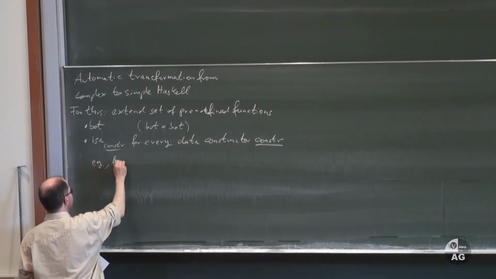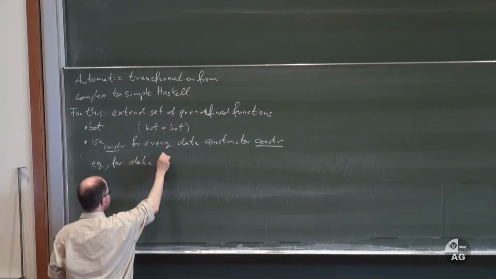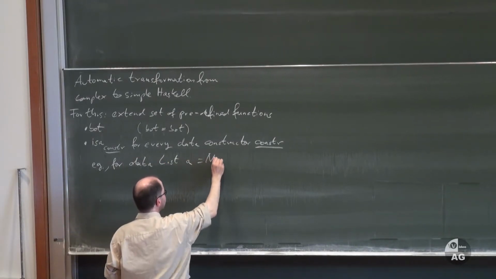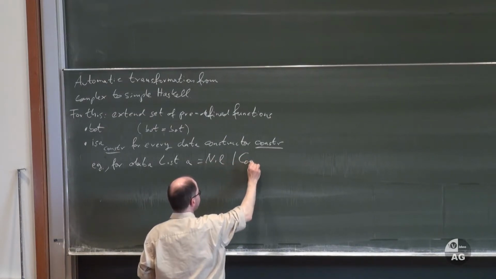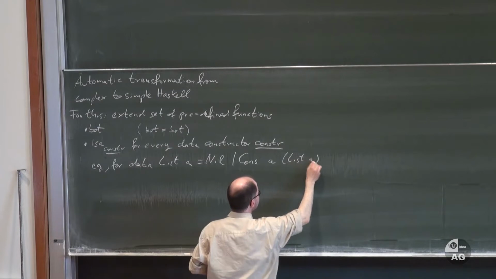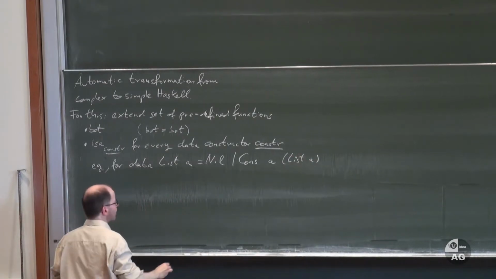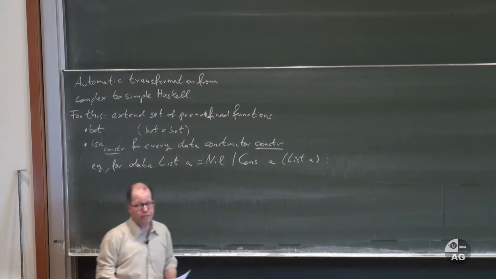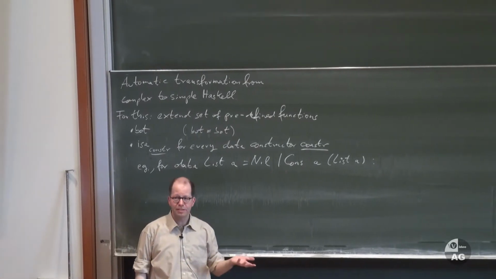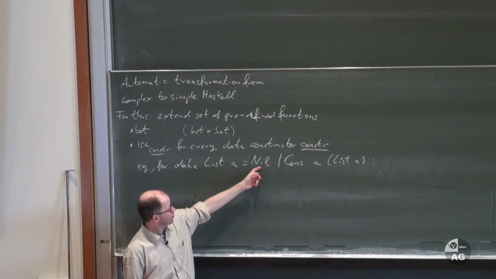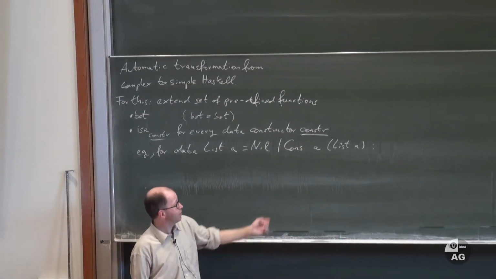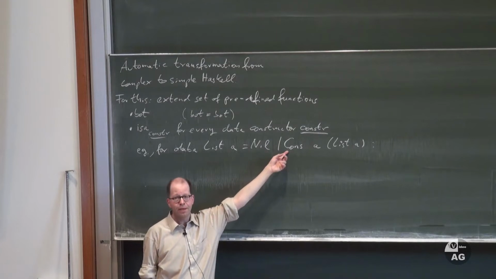If we have the data structure for lists, so data structure list A with two constructors nil and cons, where cons has two arguments of type A and of type list A, here we would have two is-a functions, a function is-a-nil and a function is-a-cons. Is-a-nil returns true only for the argument nil, and otherwise it returns false. Similarly, is-a-cons returns true only if the argument is built with this data constructor, and otherwise it returns false.